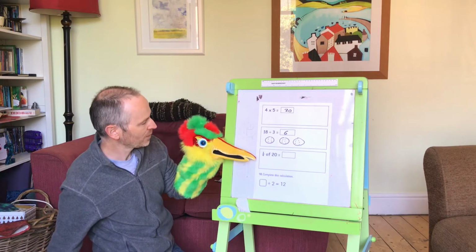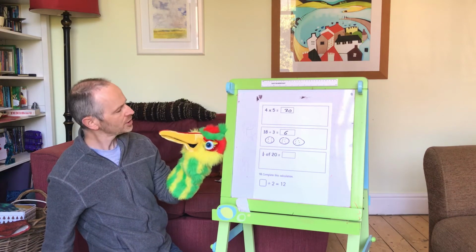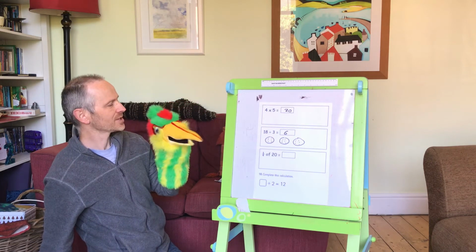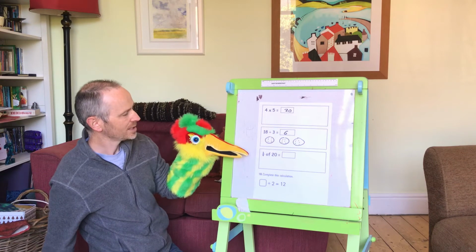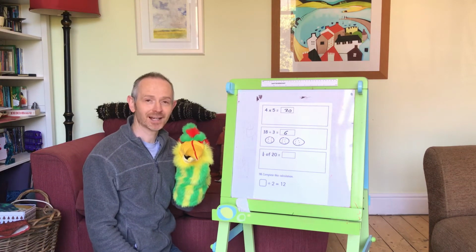Okay, and what does the number at the bottom tell us? Olga, do you remember? The number at the bottom tells us how many parts 20 has been broken up into, and it's been broken up into 4. So we can deal with this a bit like a division.